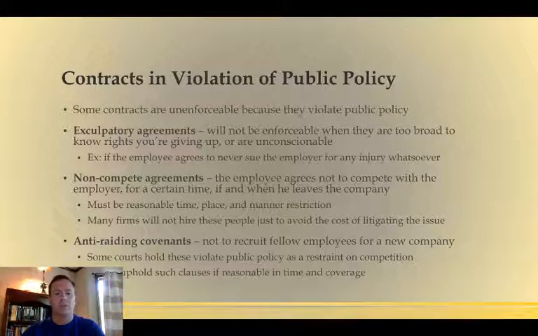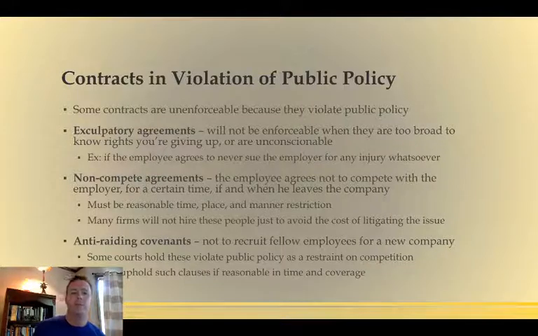So it has to be reasonable in balancing the freedom to contract with the policy of refraining from things that are designed to be completely anti-competitive in the otherwise free marketplace.